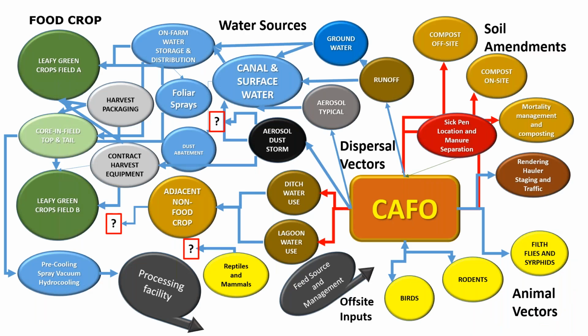So I pulled this out from the recent past, just to illustrate, when you put together, and there's different ways to visualize the complexity, the interactions, and how different aspects of what's going on, particularly in the open environment, can affect one another. I'm not going to go through the whole schematic, but you can see there's an animal feeding operation on one side, and you have the food crop, leafy greens, on the other, and you have inputs that can be impacted in between, and you have vectors.